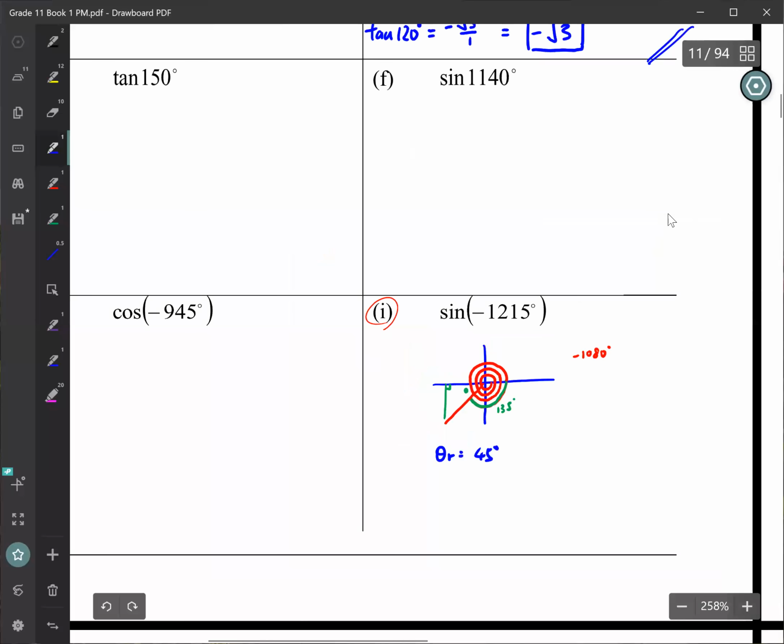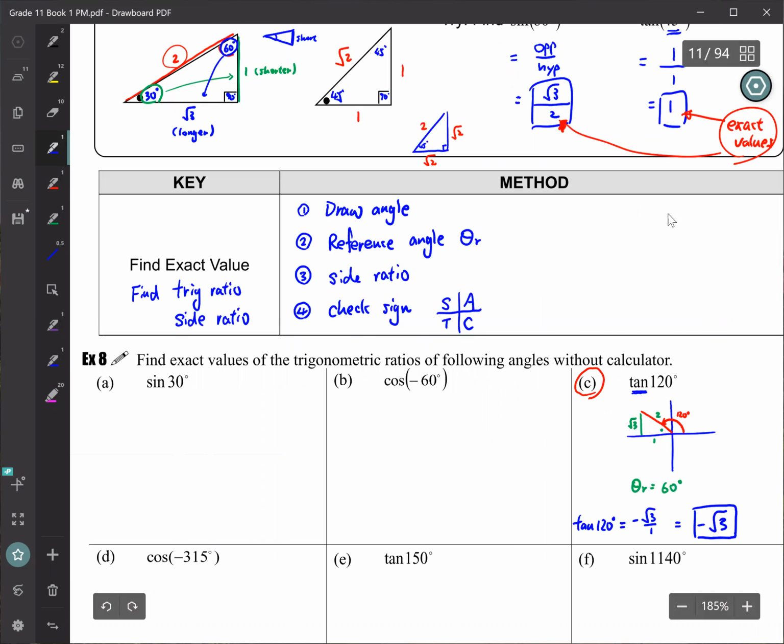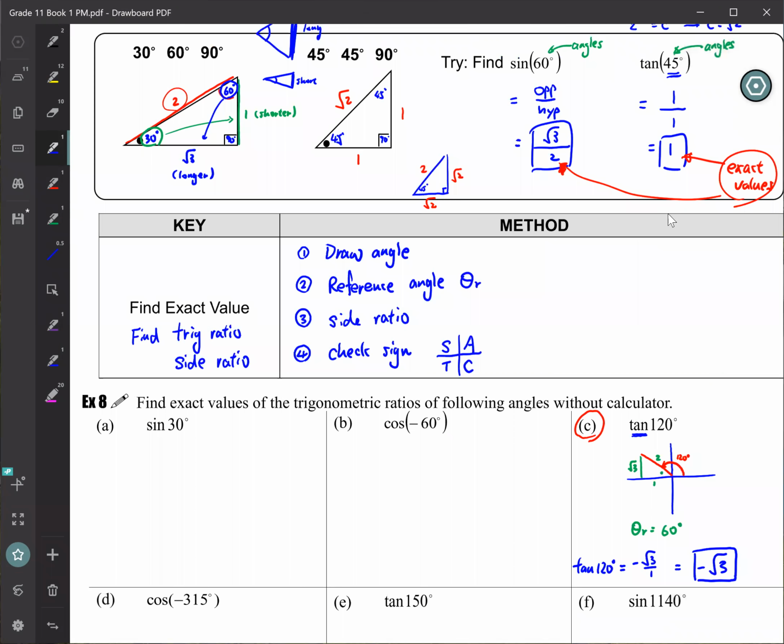Did you write down the notes? Oh, I screenshotted it. Okay, you gotta write it in right away. Screenshot is hard to find, right? What is step 3? Side ratio. Okay, let me know if you need more time to write things down.